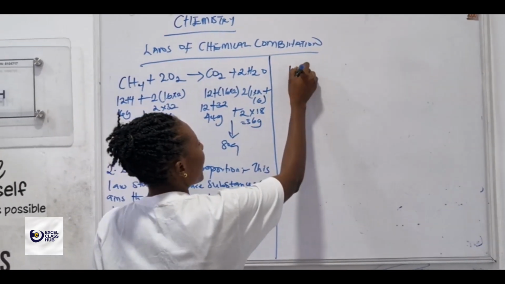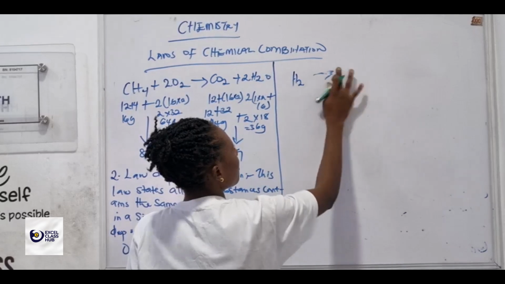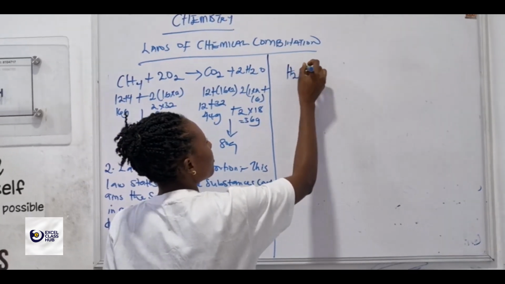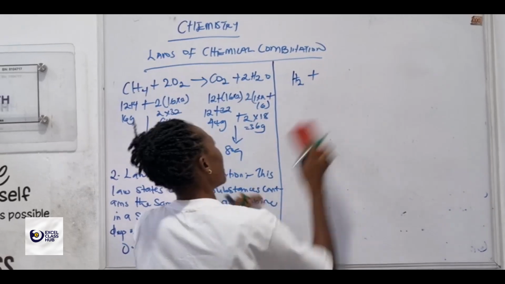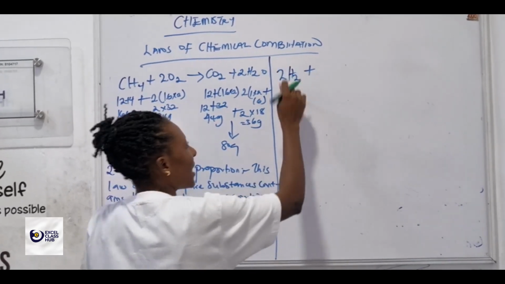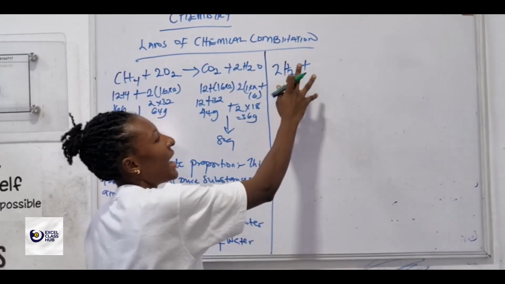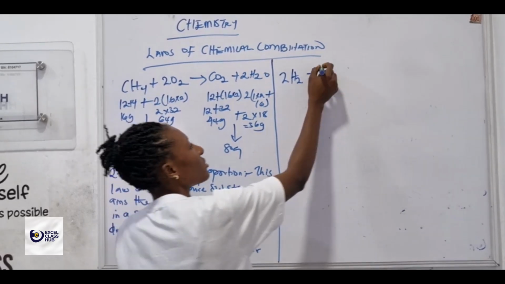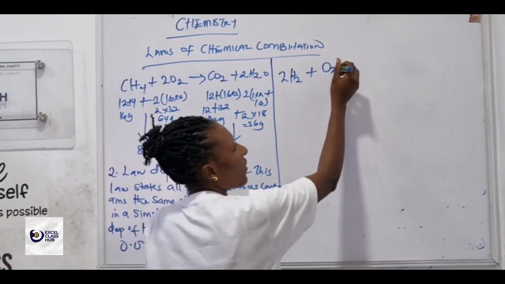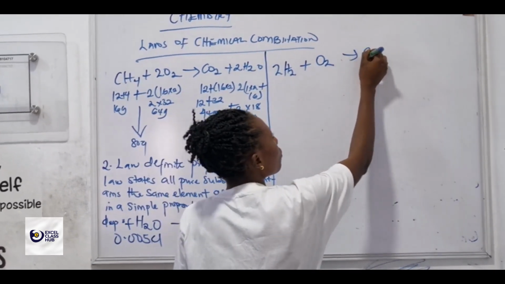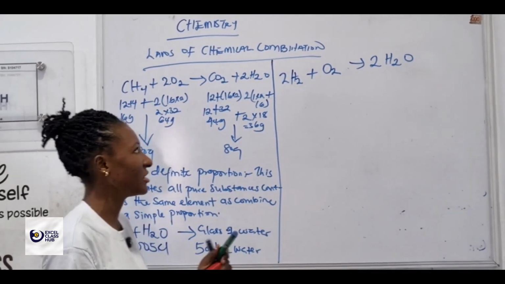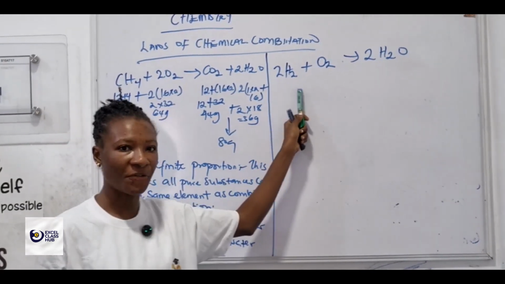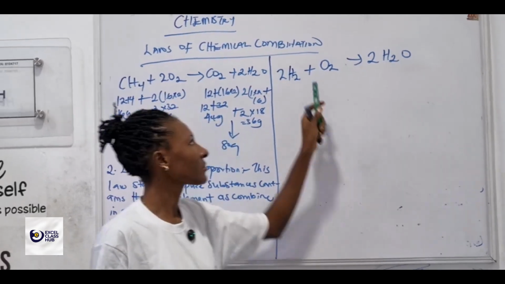okay, let's go. Water, 2 atoms of hydrogen plus 1 atom. Okay, oxygen is actually diatomic. Let's say 2 moles of hydrogen with 1 mole of oxygen to give us 2 moles of water. At the end of the day, you realize that the equation is balanced. 2 times 2 will give us 4. 2 times 2 will give us 4.